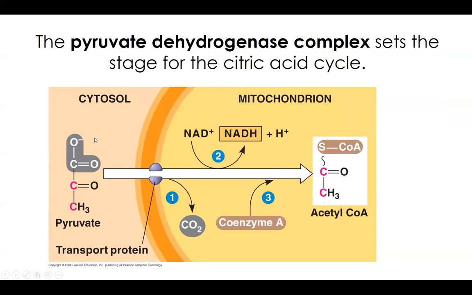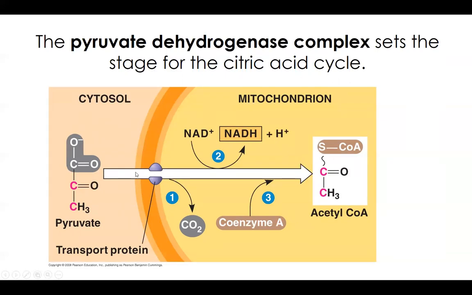This is our pyruvate molecule. We're going to transport it into the mitochondrion as is, and once there, an enzyme complex called the pyruvate dehydrogenase complex is going to perform a series of reactions all in one swoop that will prepare us for entering the citric acid cycle.